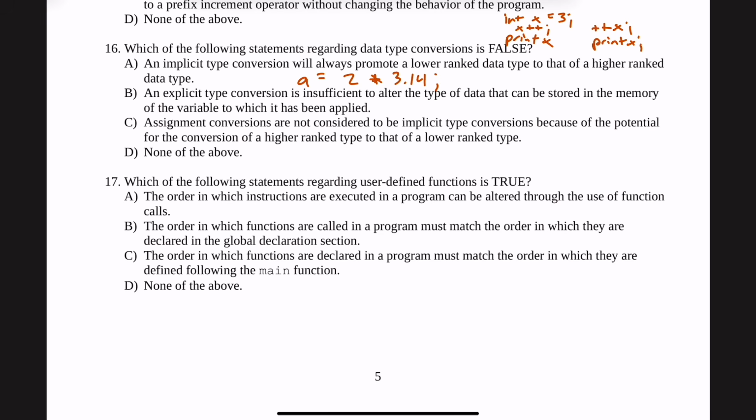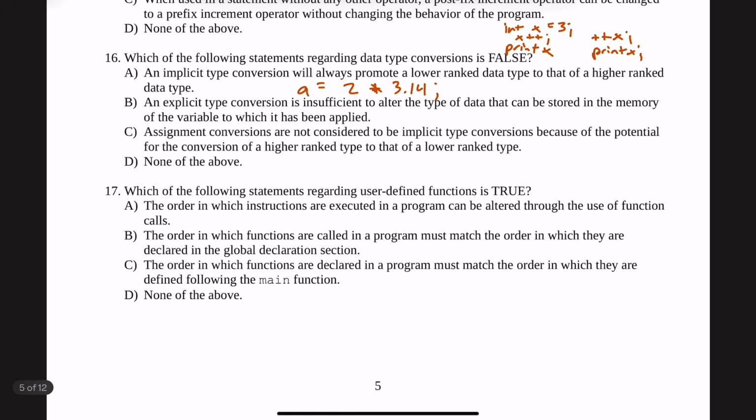B, an explicit type conversion is insufficient to alter the type of data that can be stored in the memory of the variable to which it has been applied. Remember, one of the things that determines the type of data that can be stored is the amount of memory reserved for the variable, as well as other things such as how it's actually stored. But anyways, if we have double x equals 3.14, then later on we say x is equal to int x.